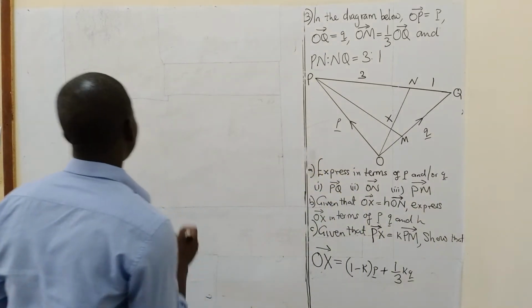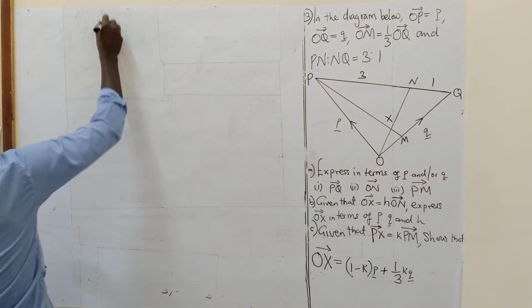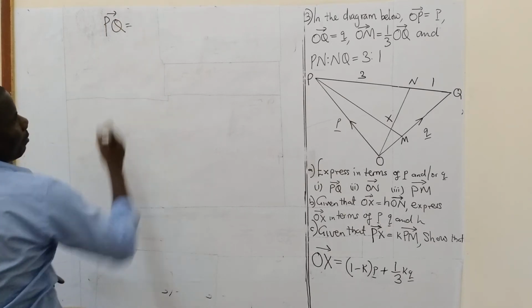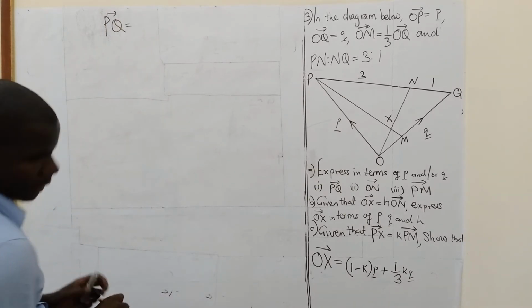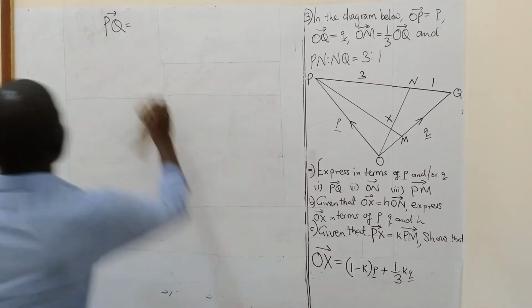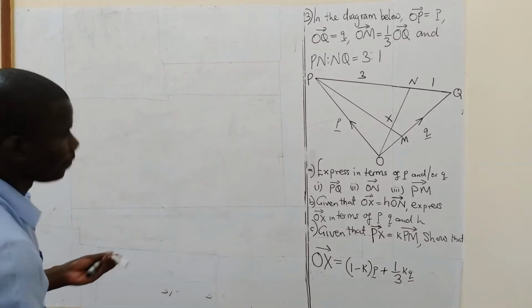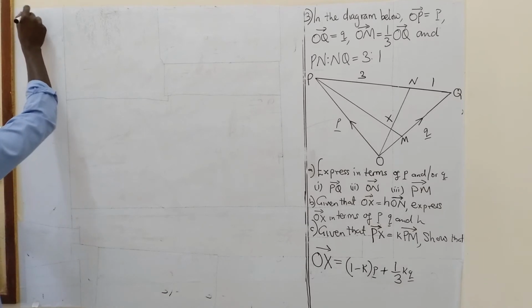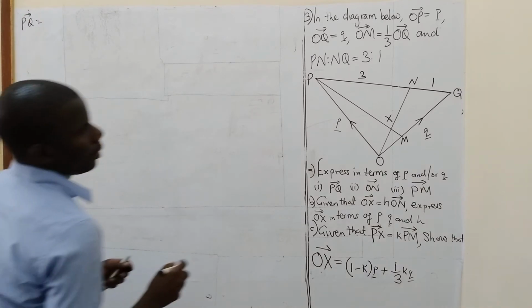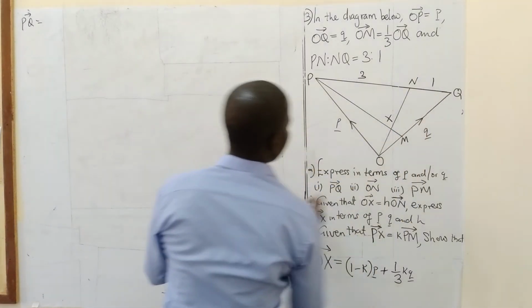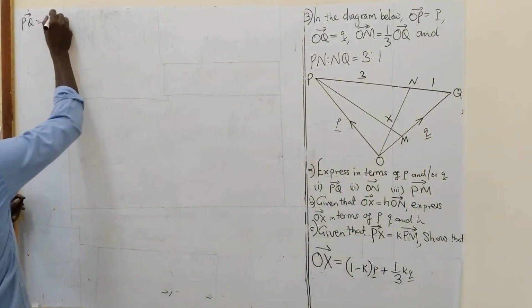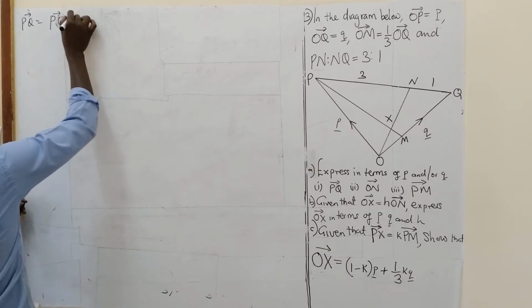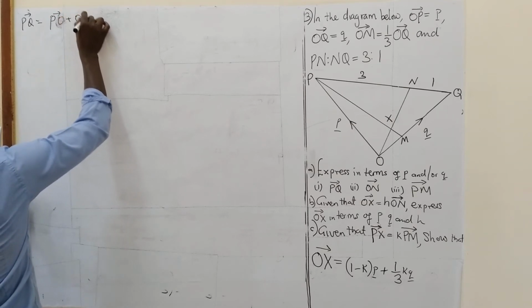Okay, so express in terms of p and/or q. What? PQ. PQ. What are we getting? PQ now, by now we should use, it's PO plus OQ.